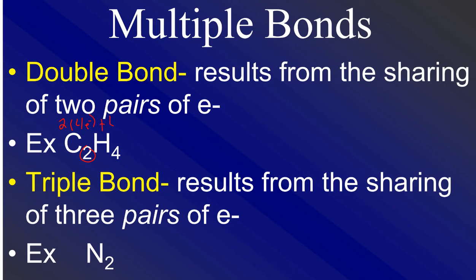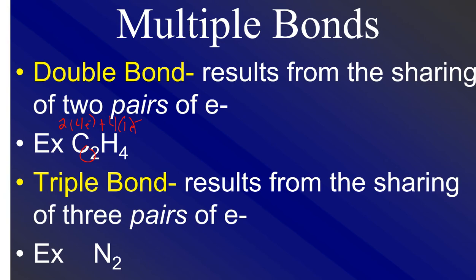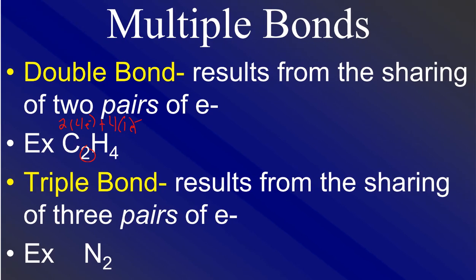Plus, we have 4 hydrogens, each supplying 1. So if we add up all those, that means we have a total of 12 valence electrons here. 8 plus 4 gives us a 12.